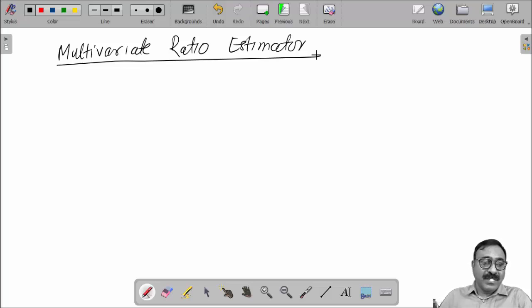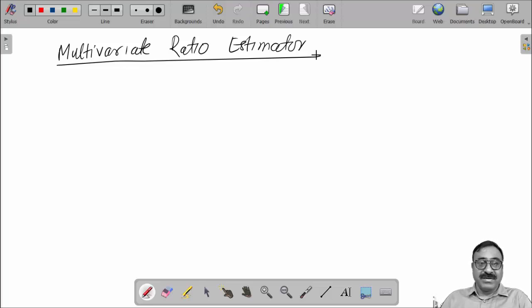So now we shall extend this to a multivariate ratio estimator case, that is when we have more than one auxiliary variable. So that means when we have adequate supplementary or auxiliary information, it is possible to improve on the ratio estimators.